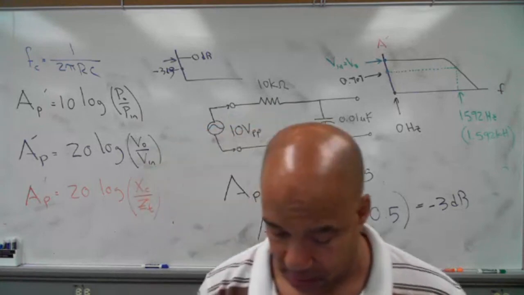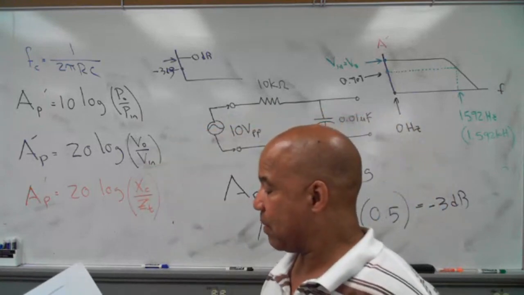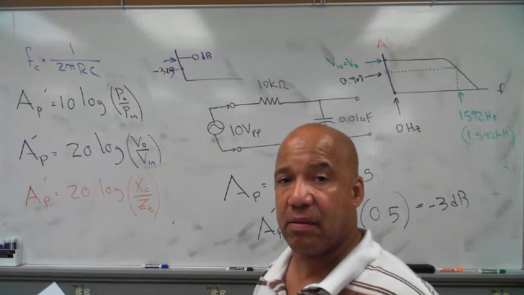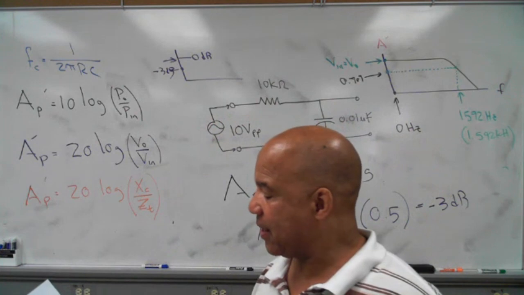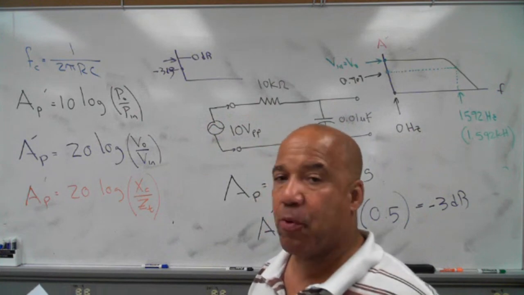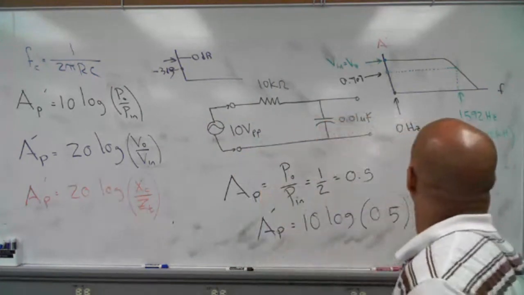Now, they're trying to get you with D. They want you to find the decibel power gain at 15.9 kilohertz. In other words, look at my graph.